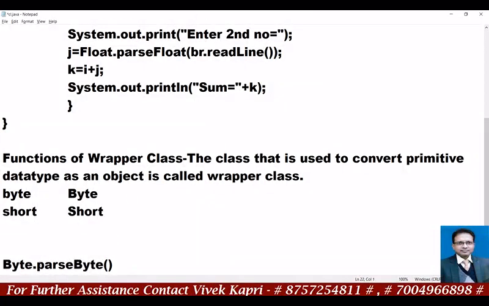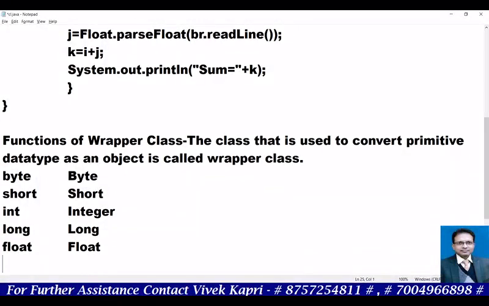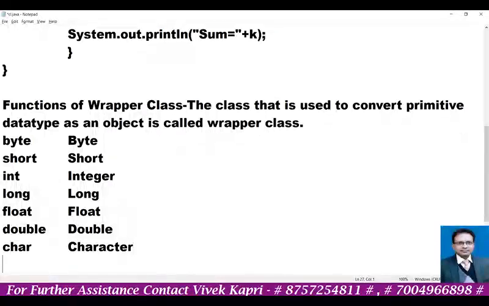Short, Short. int, Integer. long, Long. For the float primitive data type, Float is the wrapper class. Double is the wrapper class. For char, Character is the wrapper class.